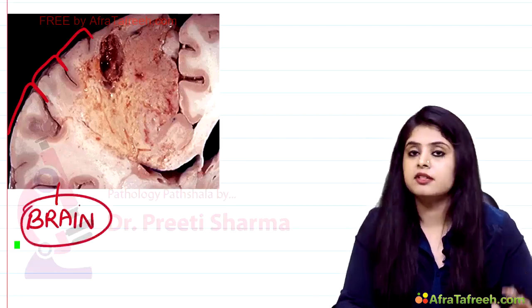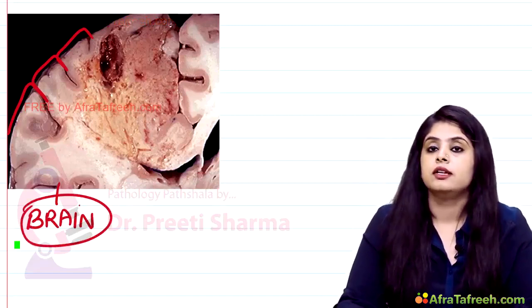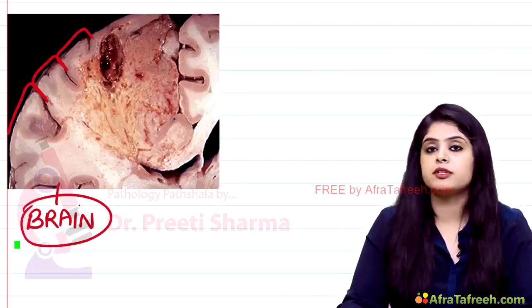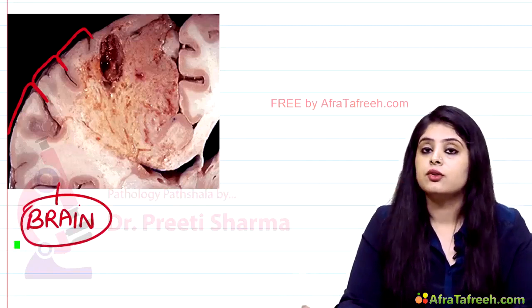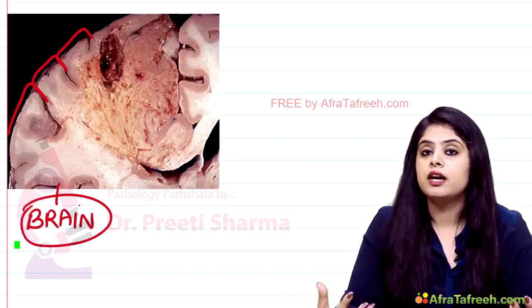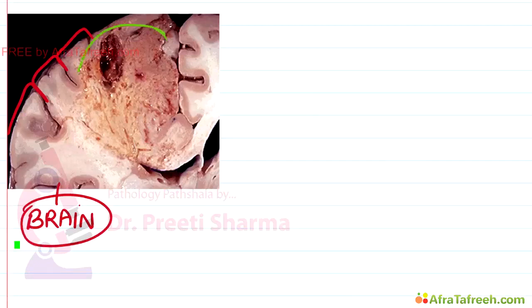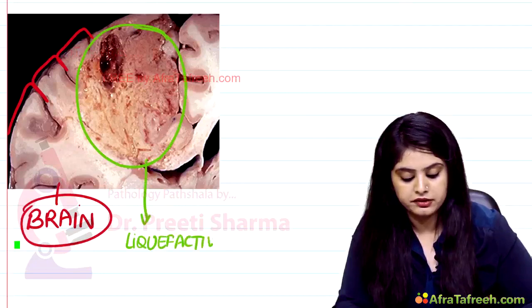If the examiner has asked you to identify the type of necrosis seen in this image, even if you don't know what the image is showing, you know this is the brain, and necrosis in the brain has to be liquefactive or colliquative. So half your battle is won if you've understood the normal parent organ. In this image, it is glaring and obvious that there is one area over here, that liquefied area, showing us liquefactive necrosis.